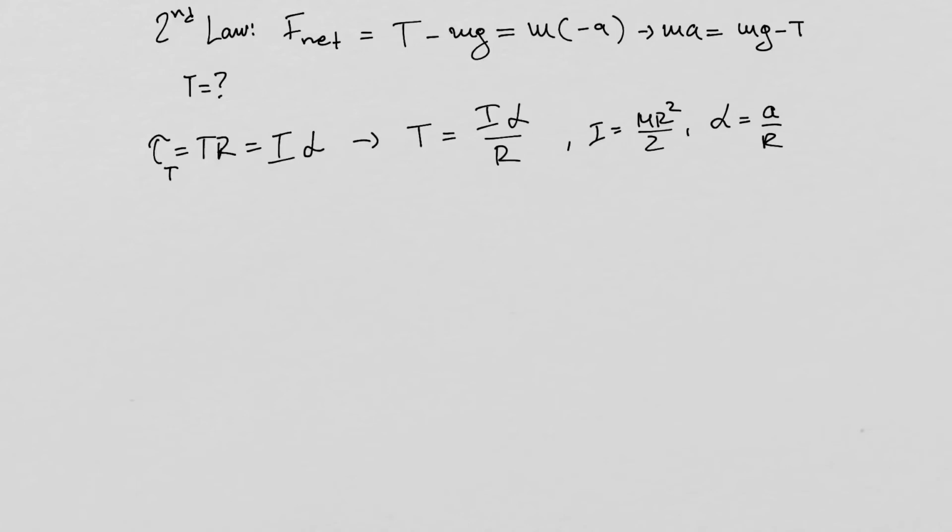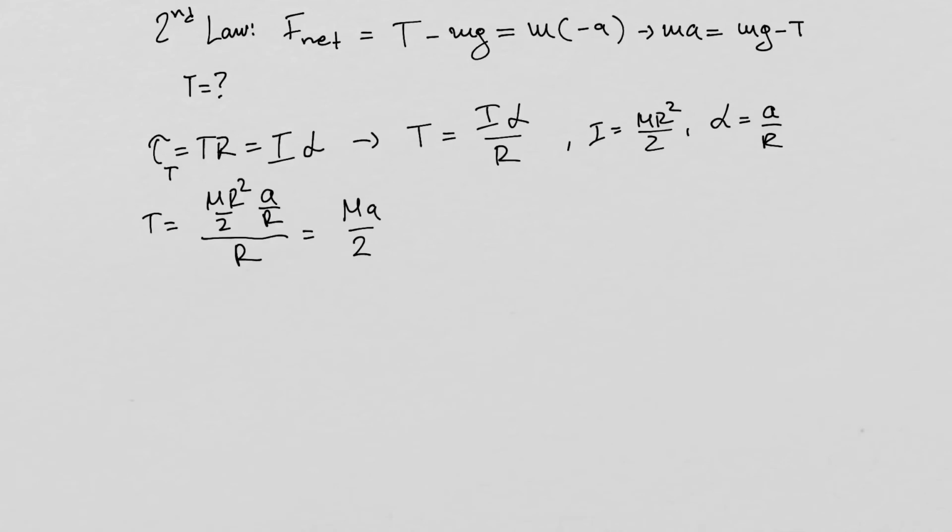The moment of inertia of a uniform disk is equal to the mass times the radius squared divided by 2, and the angular acceleration of the disk will be equal to the tangential acceleration a divided by the radius r. So I will substitute those two in the expression for the tension force.